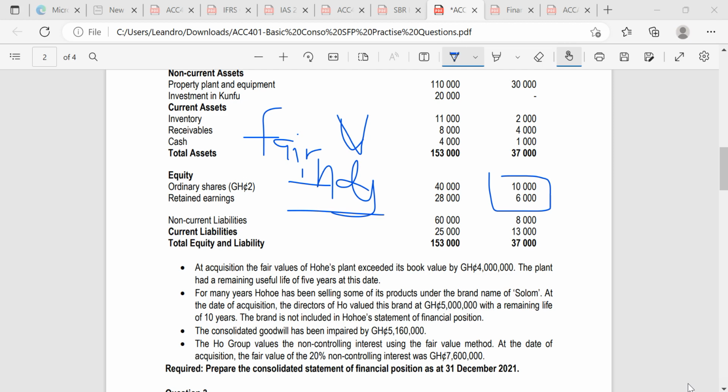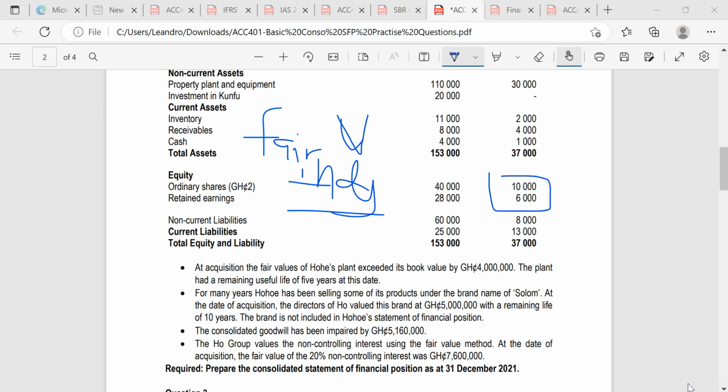All right. Then the consolidated goodwill, this you know what to do. Once you calculate your goodwill, you charge impairment. Then you value non-controlling interest at fair value. And you have been given the fair value as 20% at the date of acquisition, the fair value of the 20% non-controlling interest is 7.6.